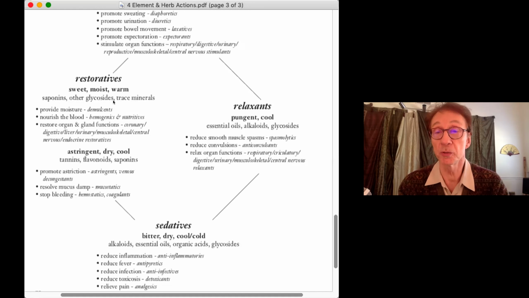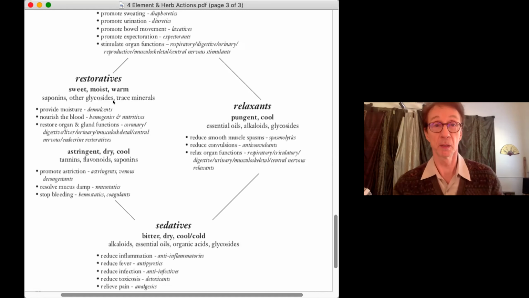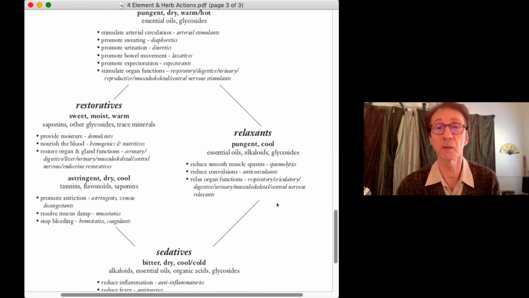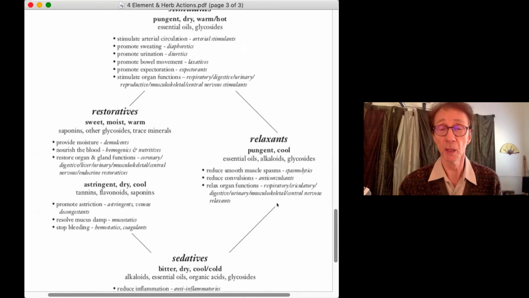Also, the suma root that I mentioned, very important as an all-round restorative.